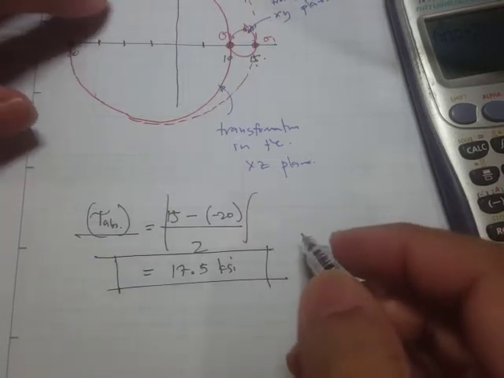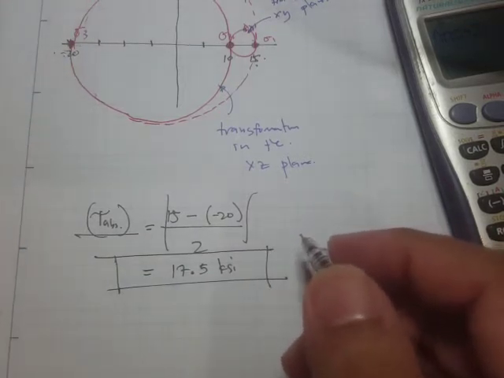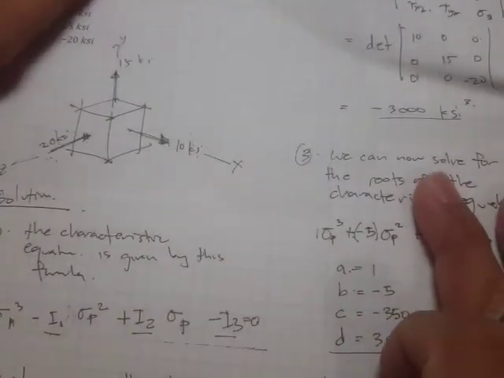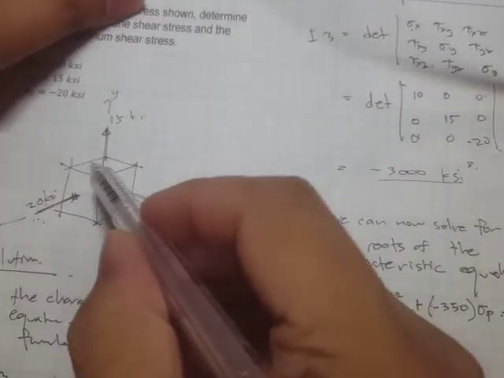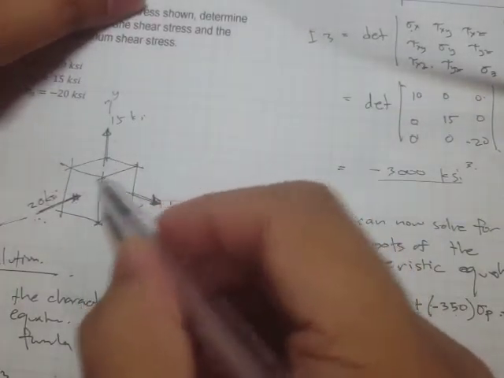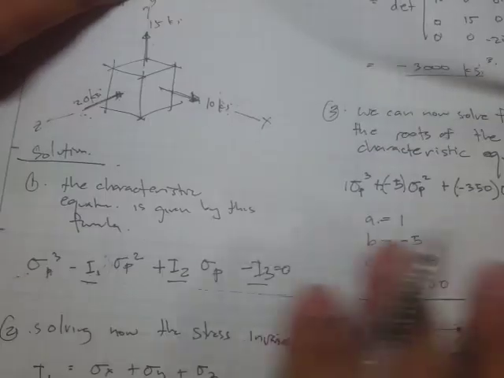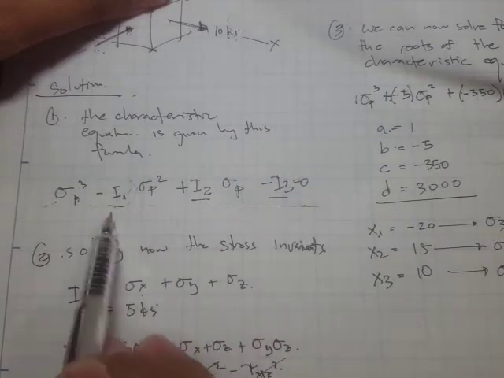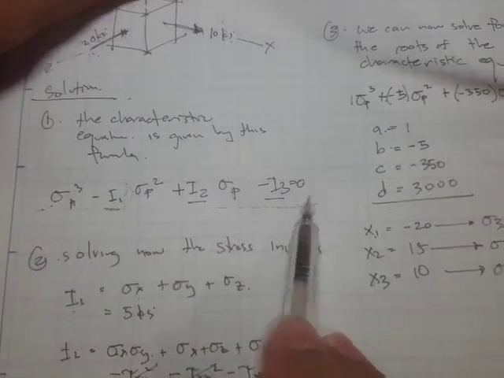Okay, so that's all for this 3D state. As I've mentioned, it's also possible to use this method when we have shear stresses in all three directions. The first step is simply to solve for the stress invariants, because once we have the stress invariants, we can solve for the characteristic equation.